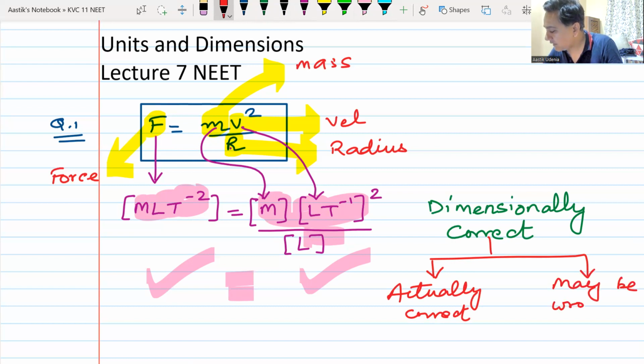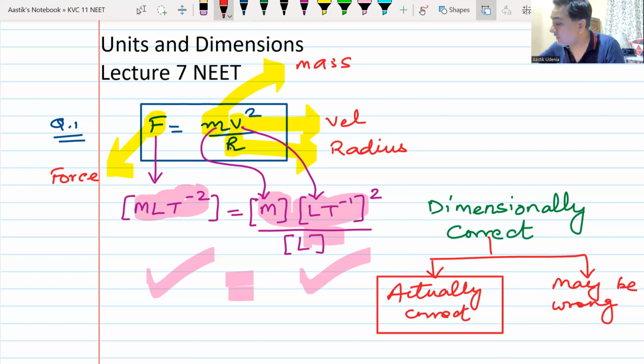It all depends on whether there is any other term, which is a number, multiplied over here. And I can tell you, because I know, that there is no number multiplied here, or the number multiplied here is 1. Therefore, this is actually an equation which is correct as well.